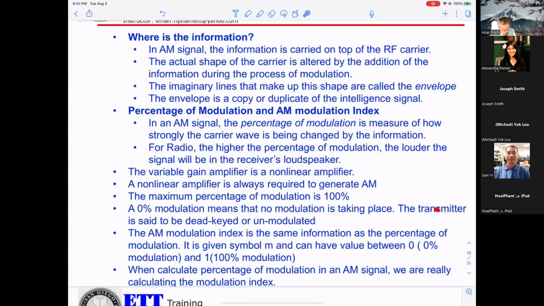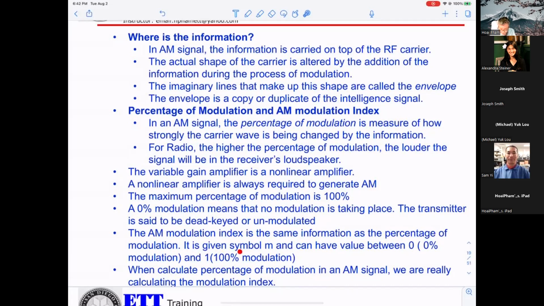The transmitter is said to be dead key or unmodulated. The AM modulation index is the same information as the percentage of modulation.